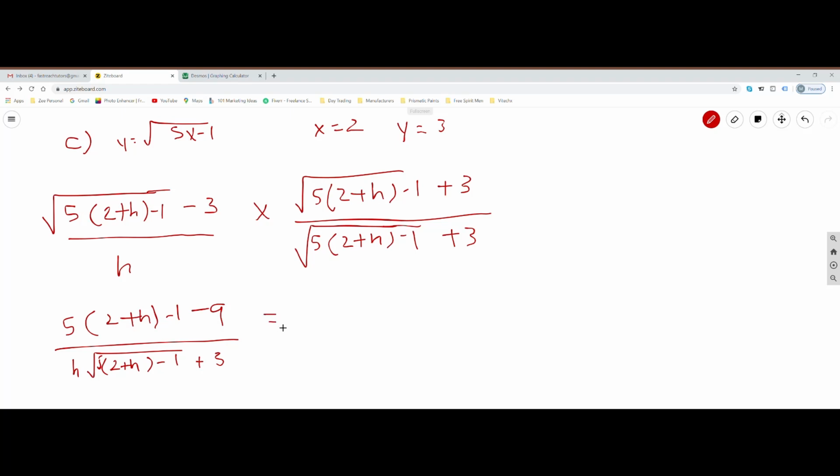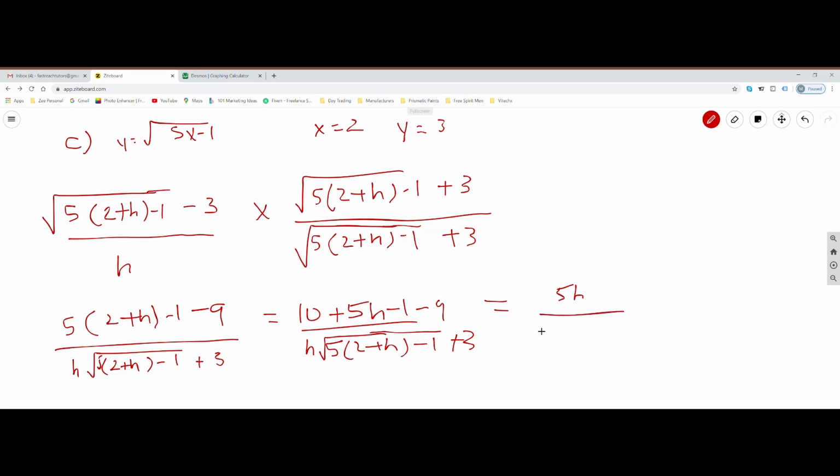So equals 10 plus 5h minus 1 minus 9 over h times the square root of 5 times 2 plus h minus 1 plus 3, equals 5h over h times the square root of 5 times 2 plus h minus 1 plus 3.